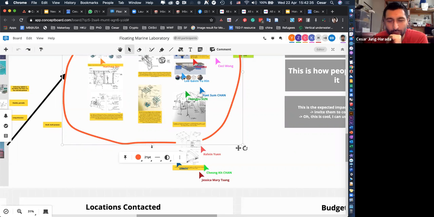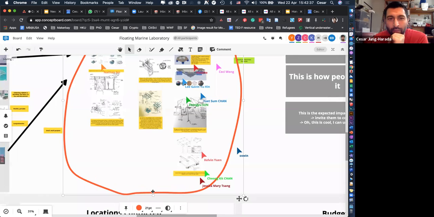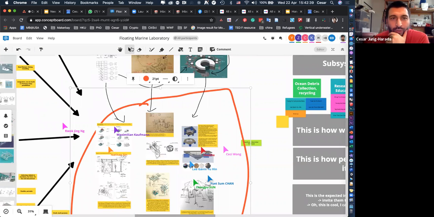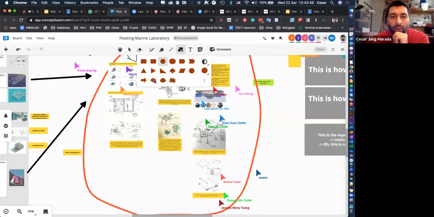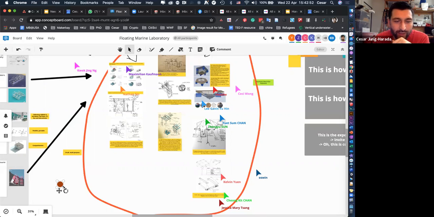So what we're going to do now in order to vote: we don't have to make a vote that is a single voice. We can make a vote that recognizes the diversity of the work. So here I'm drawing a little circle. Each of us is going to have 3 circles, so you can vote 3 times.